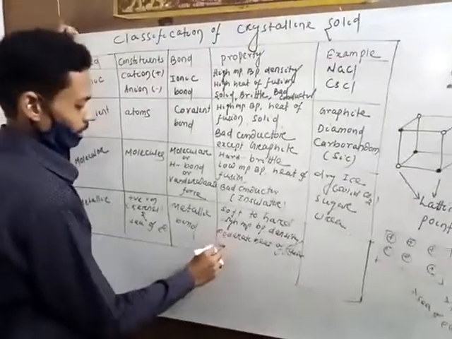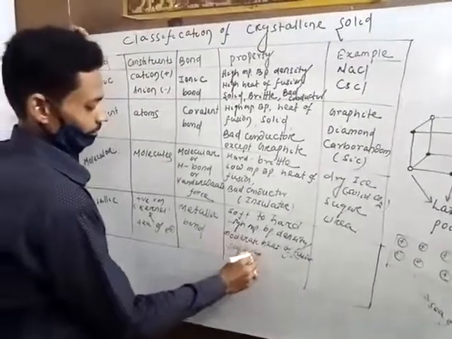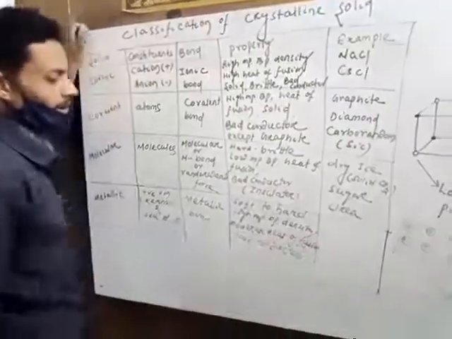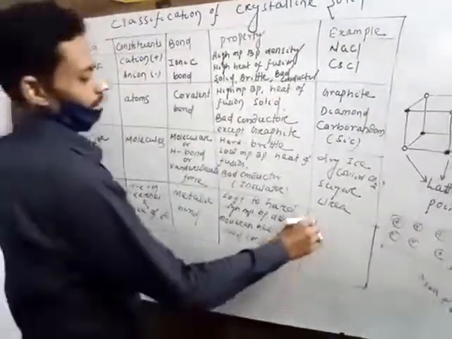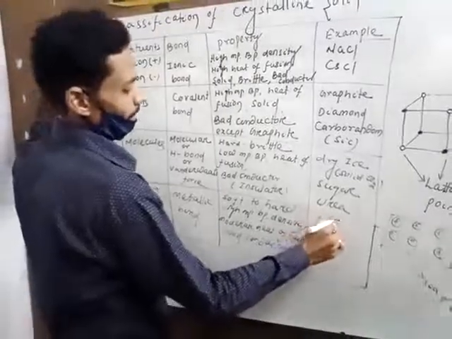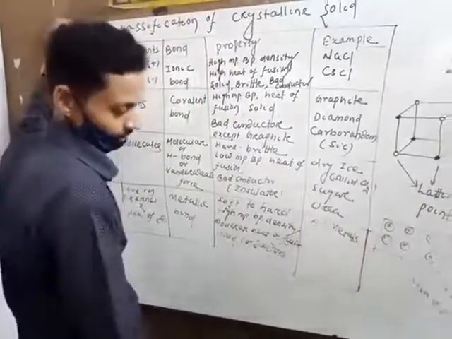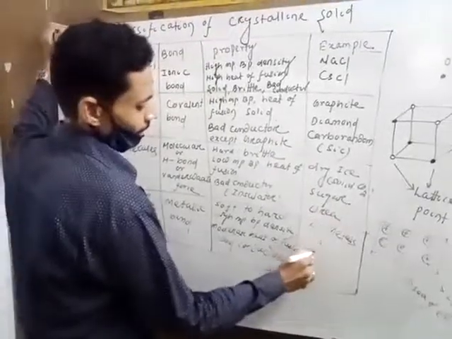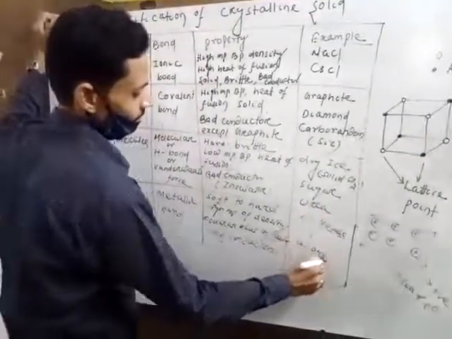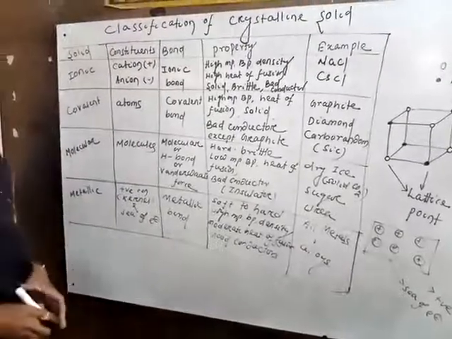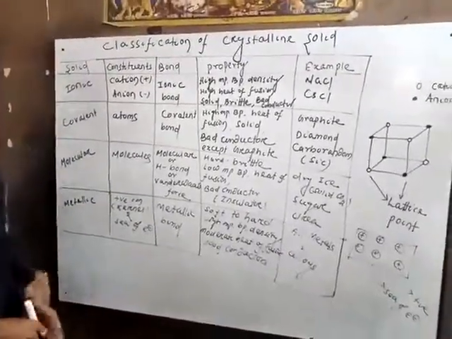These are good conductors. As you know, all metals are good conductors of electricity. An example is all types of metal which are solid, and all alloys are metallic. So this is all about our classification of crystalline solid.